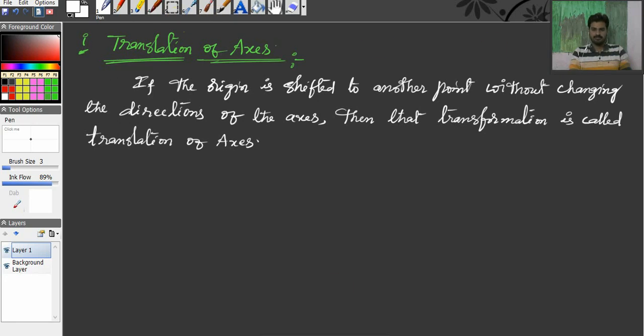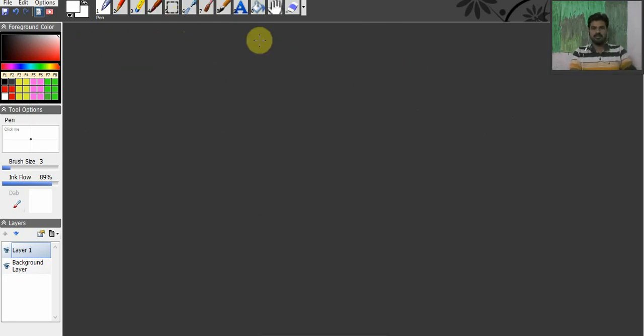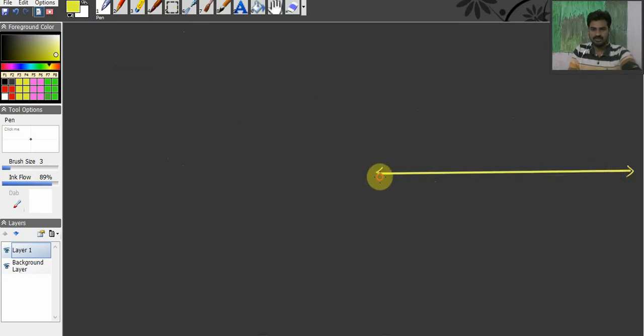Let us take the x-axis and y-axis. Suppose I take the x-axis here. This is the x-axis. Next I am going to take the y-axis.